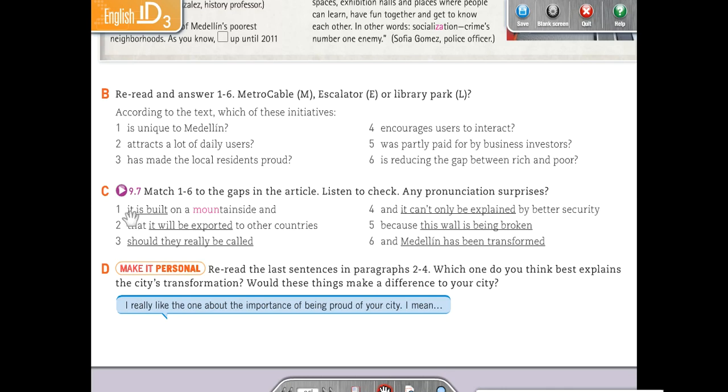In the passive voice you have the object in the place of the subject. So in this case, it is built on a mountainside, and that it will be exported to other countries. One more time, it is the object that is taking the place of the subject, will be exported.